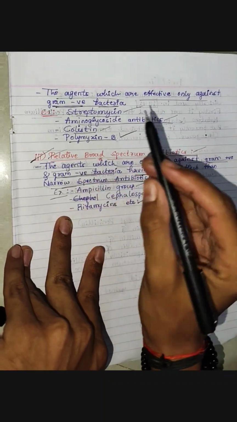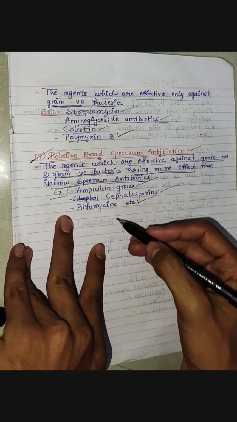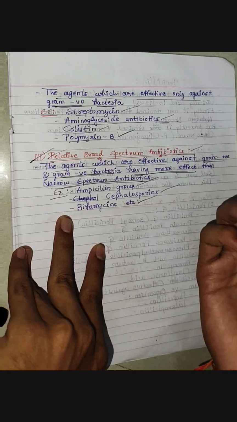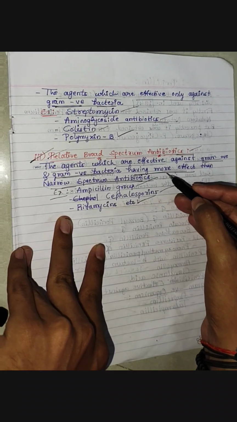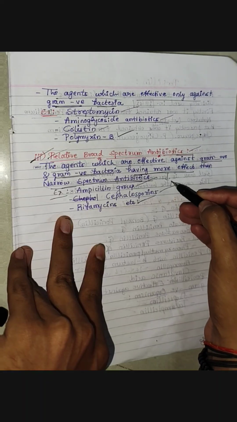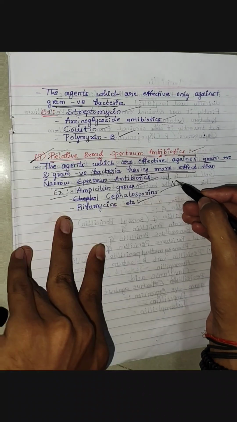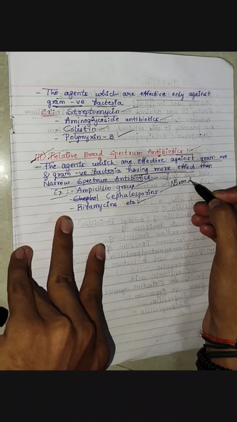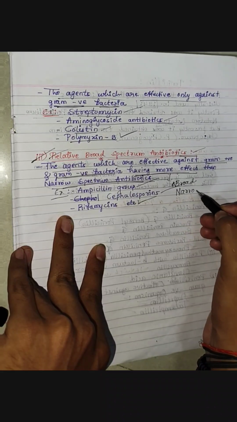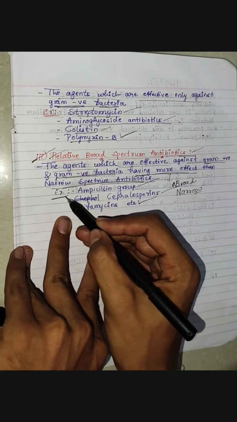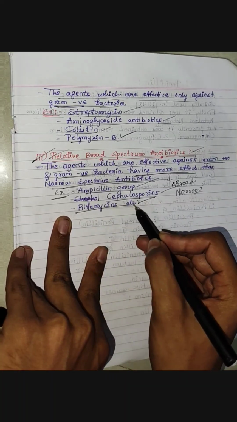In relative broad spectrum, the antibiotics will act on the body relatively lower than broad spectrum and higher than narrow spectrum. The examples are the ampicillin group, cephalosporins, rifamycins, etc.